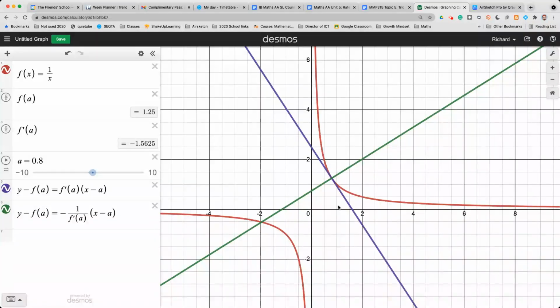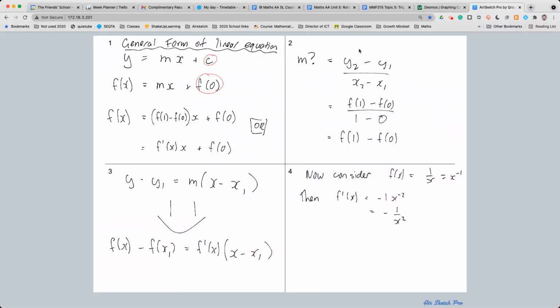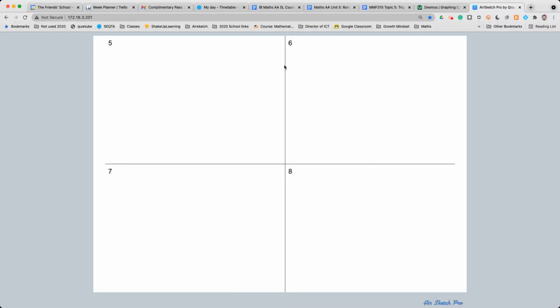Okay, so that's the theory behind what we're doing. Let's have a look at the practice. So I'm going to make up this example as I go along and just hope it works out okay. So this is an example of how to do tangents and normals. f of x equal to x cubed on 3.